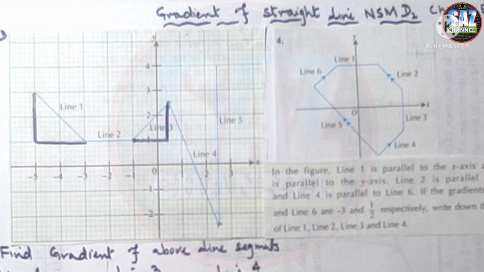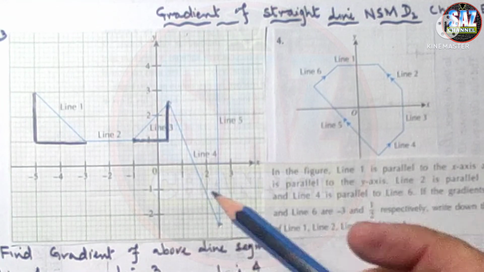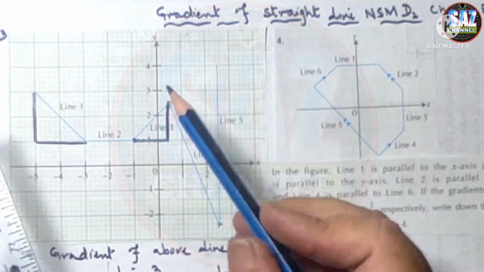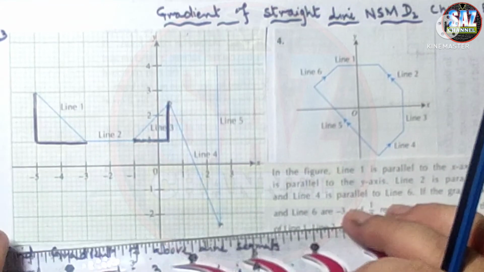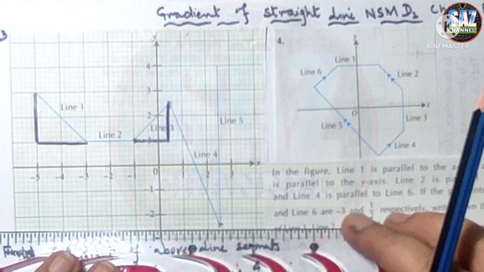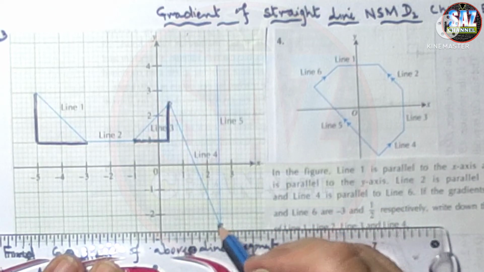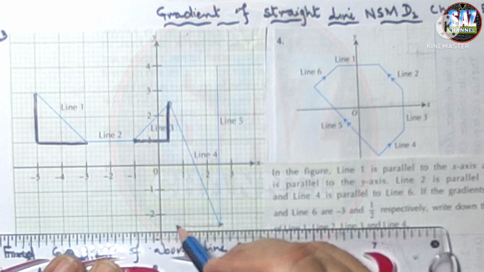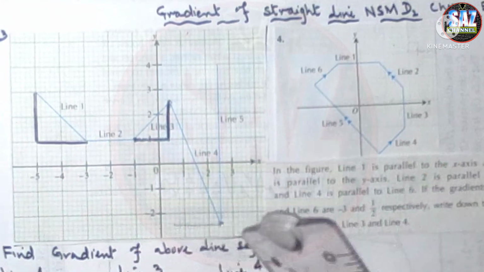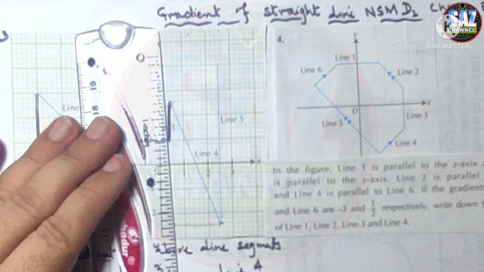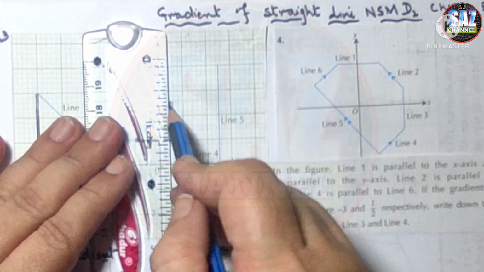If I take the point, from this point I'm coming right in front of this point. This is 0.5, and then, let me hold the page properly.